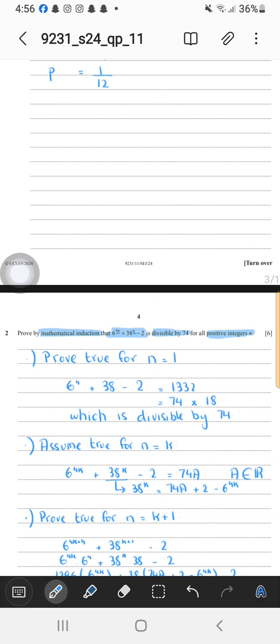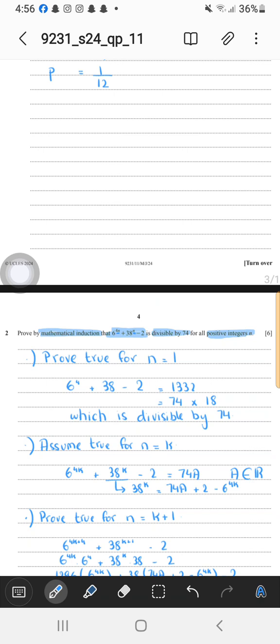We substituted k instead of n, and we got the same expression with k instead of n, equated to 74a, where a belongs to the real numbers.